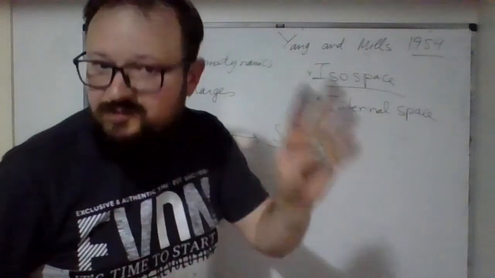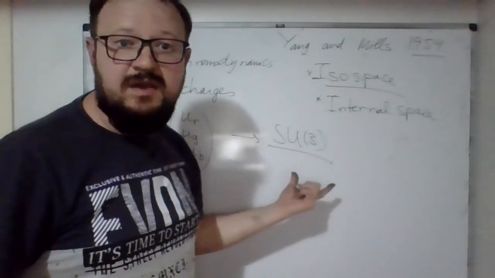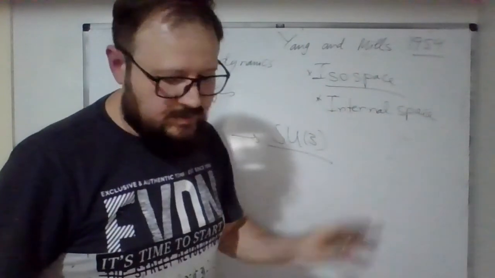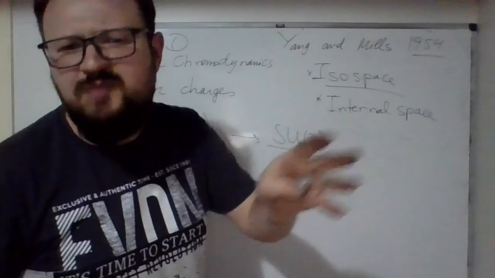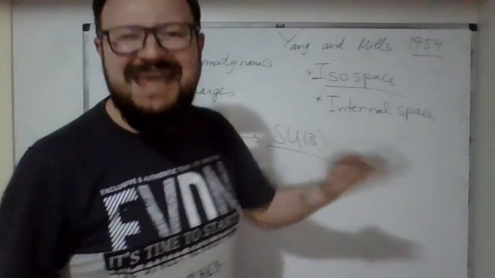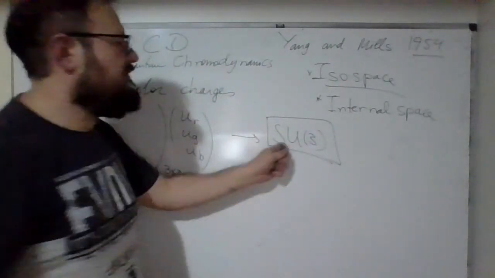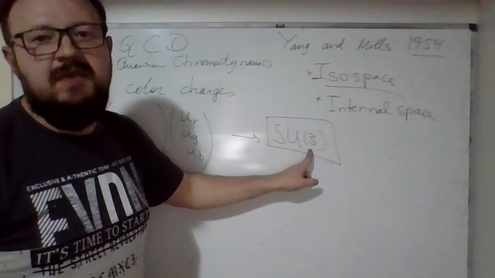It's not the real space, okay? It's not the coordinate space, some internal space which has three parameters. Sorry, in the case of quarks, I guess there are 8 parameters. So the parameter space is 8 dimensional, but is represented by this group of matrices 3 by 3. You can find 8 matrices in this group.